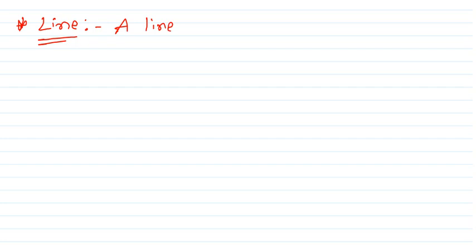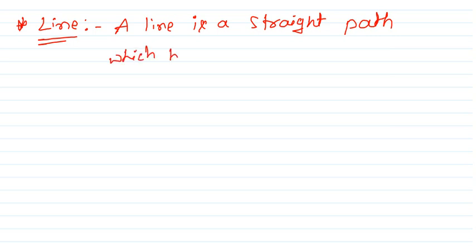A line is a straight path which has no end points. No end points in the sense there is no end to the line. That straight path is called a line.